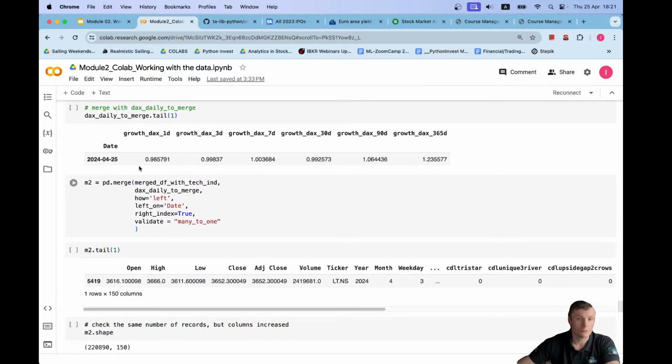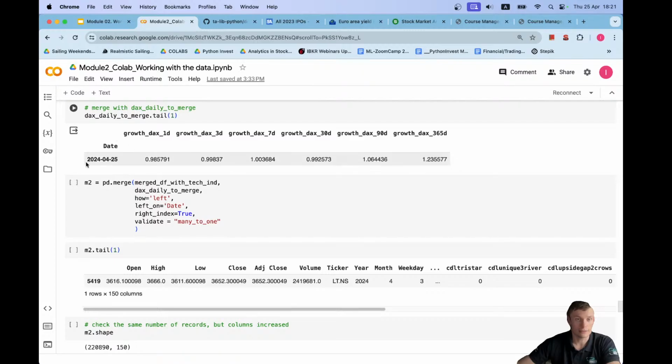But what we have here, after the merge operation, we join mergedf with tech indicators with DAX daily to merge. Left, this is a left data frame. We join on date. There is a field called date on the left data frame. We join on index in the right data frame.